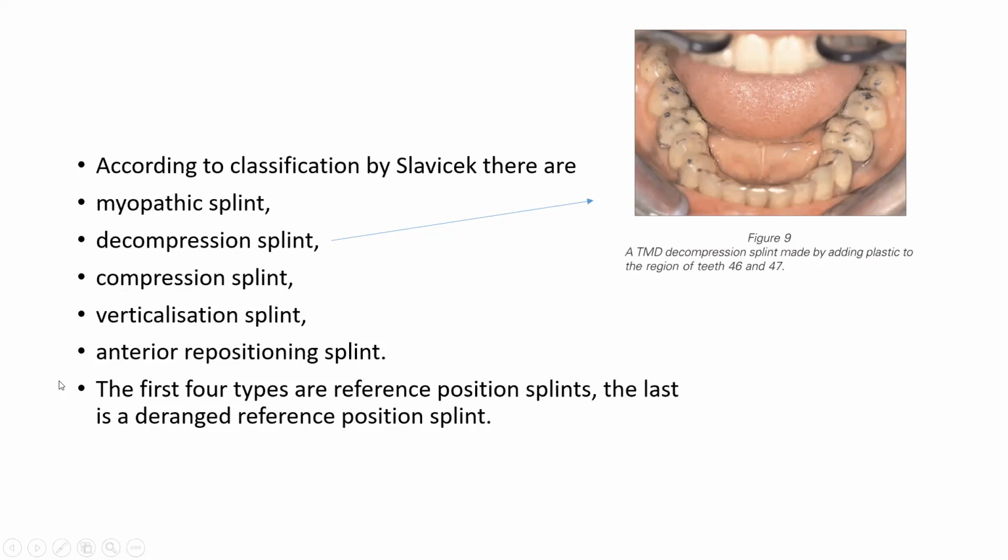He also classified the anterior repositioning splint, used when the mandible is positioned anteriorly. The first four types, that is myopathic, decompression, compression, and verticalization splint, have the reference position, whereas the anterior repositioning splint is used when there is a different reference position.